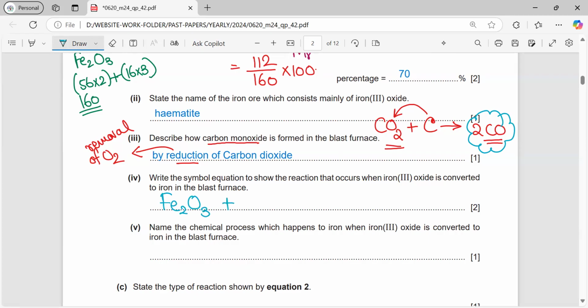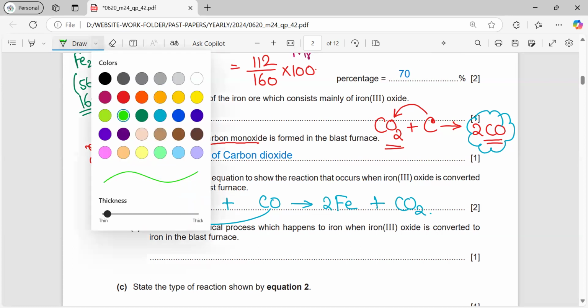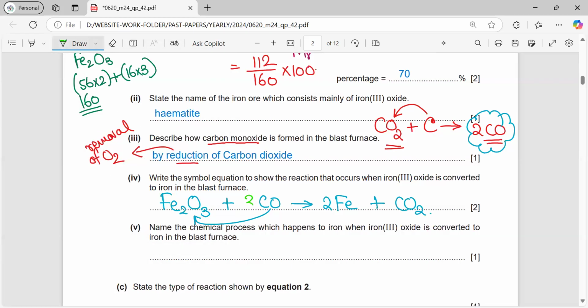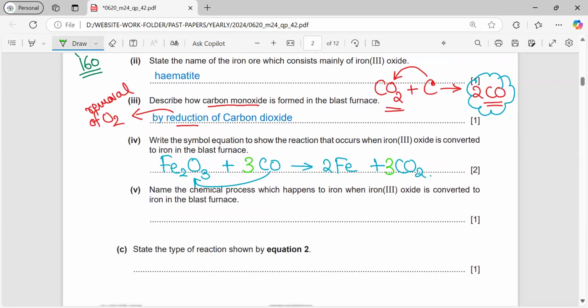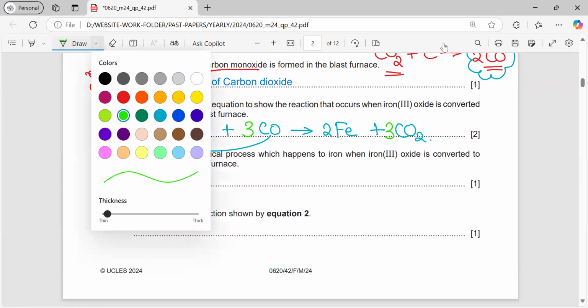It reacts with carbon monoxide to give iron, plus this carbon monoxide takes the oxygen from iron oxide and forms carbon dioxide. For the balancing, iron is 2, so we'll write 2 here, and in carbon monoxide and carbon dioxide, the carbon is 3, 3. So this is the full equation.